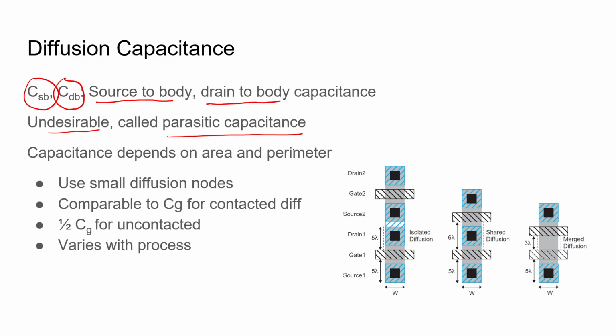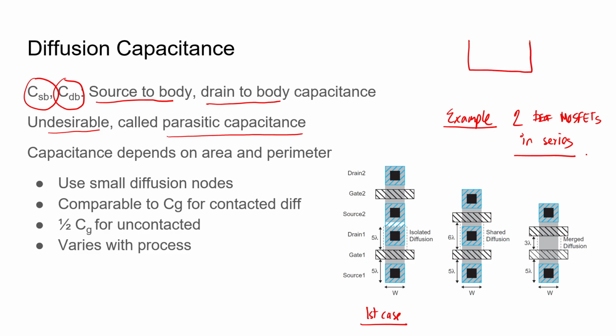So here we have an example of two NMOS transistors, or any NMOS or PMOS, two transistors in general, two MOSFETs in series. So in the first case, we know from earlier lectures that whenever a diffusion layer is crossed by a polysilicon layer, then we have a transistor.